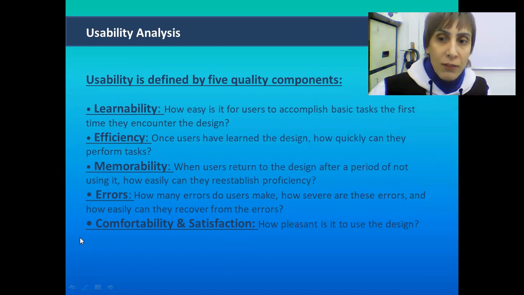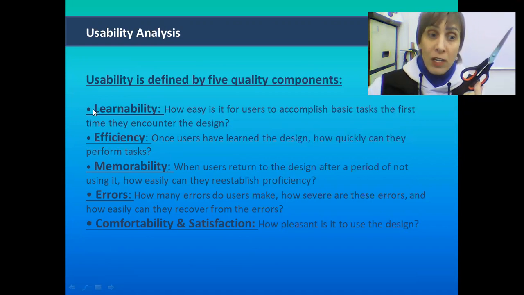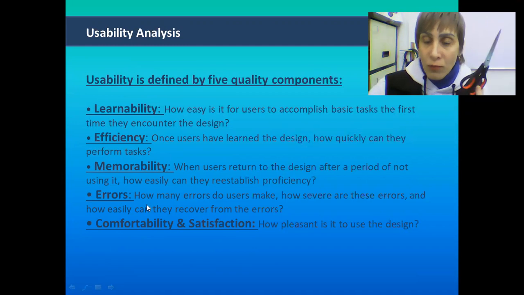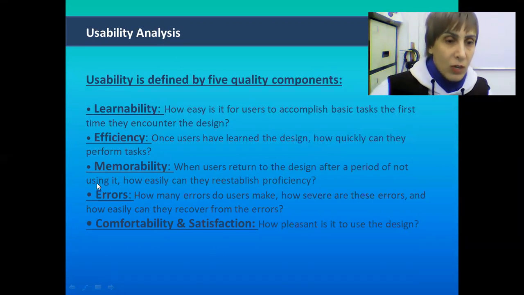So these 5 components are used to judge the product, how usable it is. Is the product learnable? Is it efficient? How efficient is it? What about the memorability, the errors, comfort while using it? So let's see each one of them, what it is, okay?